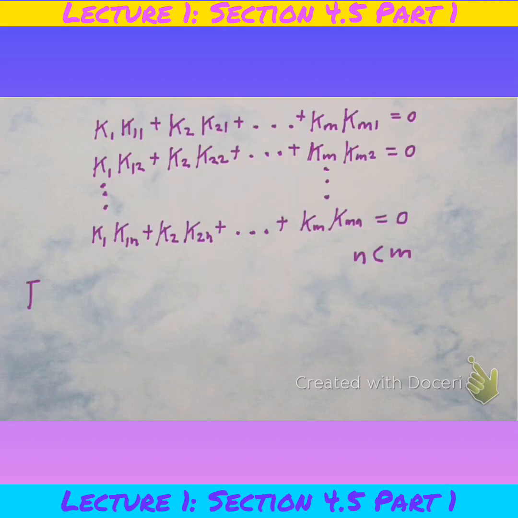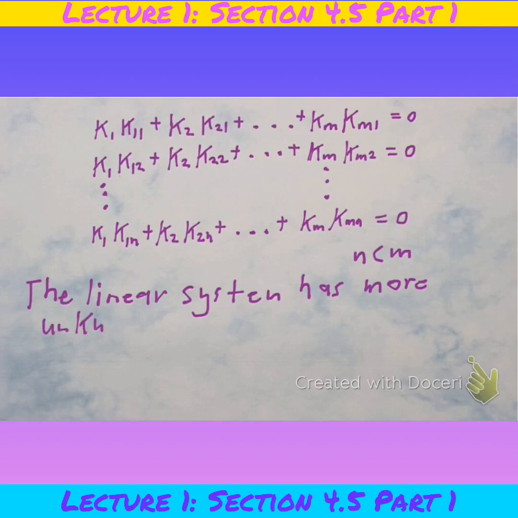So that linear system has more unknowns than equations, and the unknowns here are these k's.